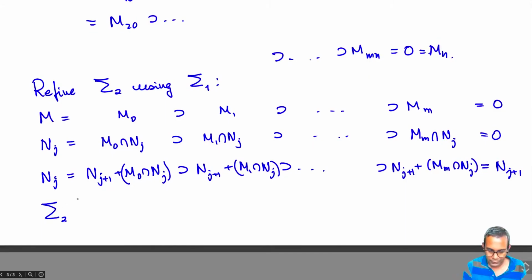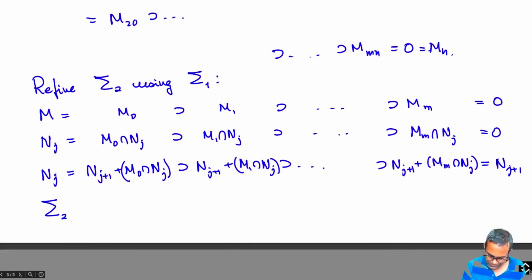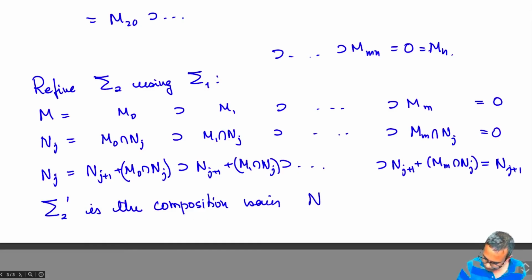Just like we had sigma 1 prime, it's a composition series given by Nij equal to Nj+1 + Mi ∩ Nj.